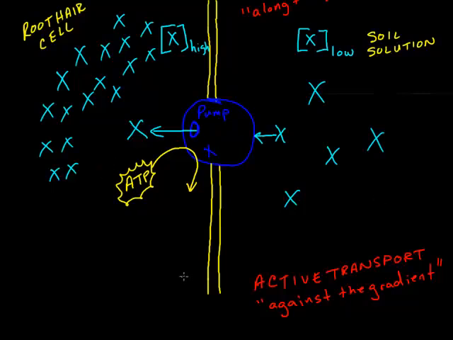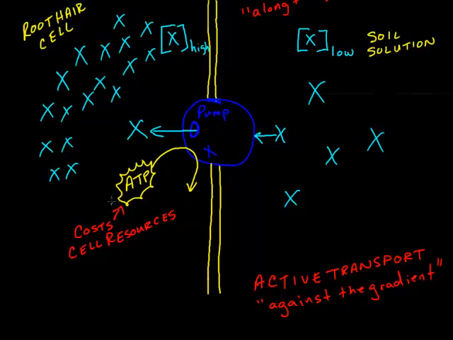which allows it to operate and actually pump nutrient X across the membrane against the gradient. But there is a cost. And so let's just say right here, this costs the cell some resources. Specifically, it costs the cell in terms of sugar to make this ATP stuff. So X being an essential nutrient, the plant has to have it in order to complete its life cycle.